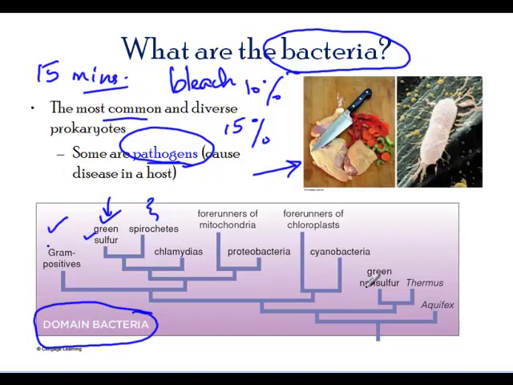Gram-positive and gram-negative, I'll give to you a little bit later. Some of the bacteria were considered to be mitochondria and chloroplast. We talked about mitochondria and chloroplast earlier in the eukaryotic cell. These two were considered to be bacteria once upon a time, and they were engulfed by the eukaryotic cell.